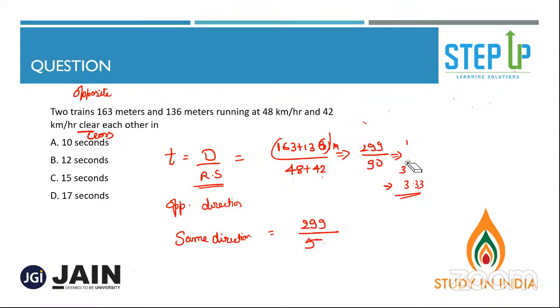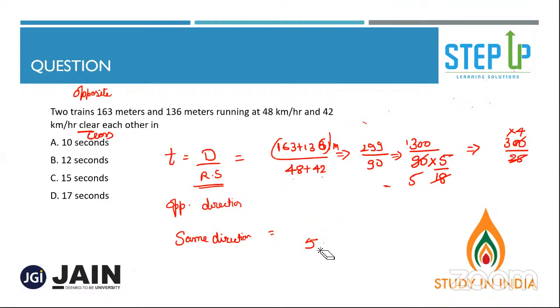Had it been 300 by 90, this is kilometer per hour. Converting it to meter per second will be 5 by 18. 300 by 25 is 12. The answer is there in the options. Yes, that's the answer. 12 seconds.